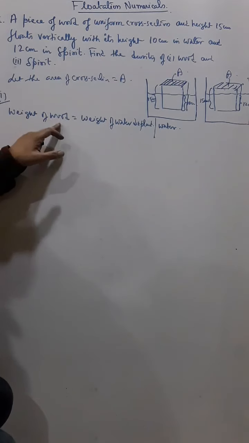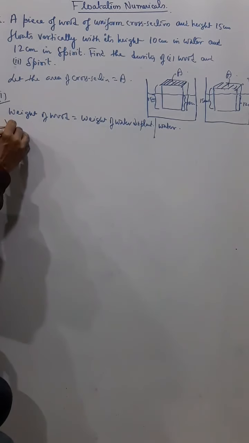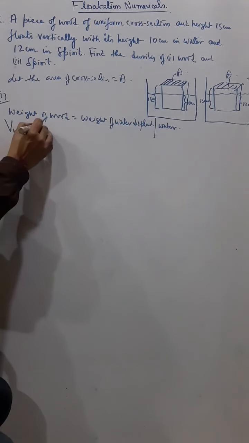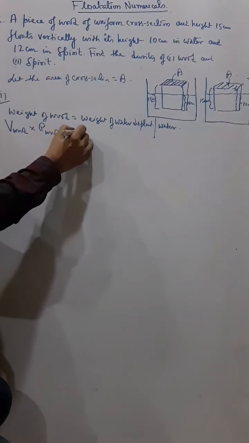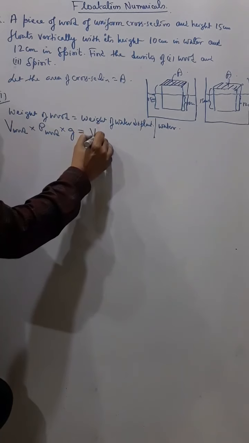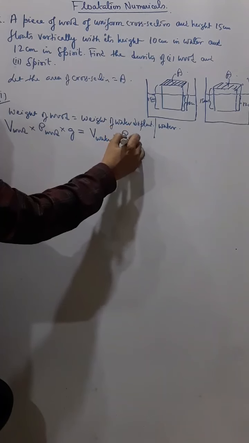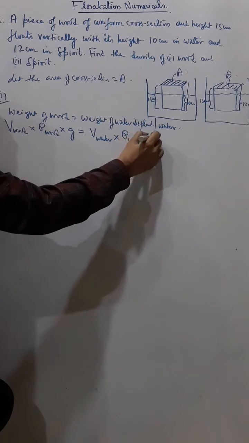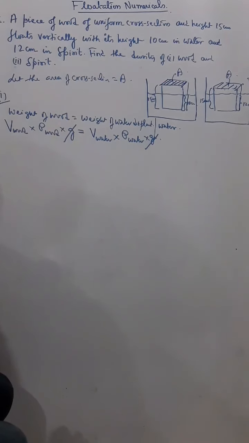Weight of wood means volume of wood into density of wood into g. Weight of water displaced means volume of water displaced into density of water into g. So again g and g get cancelled.